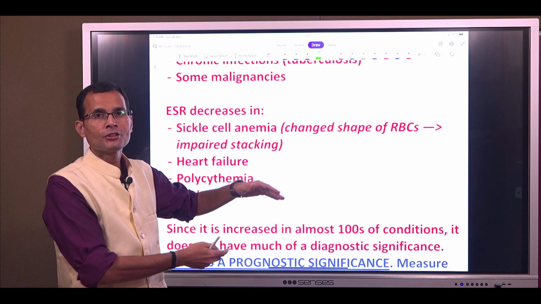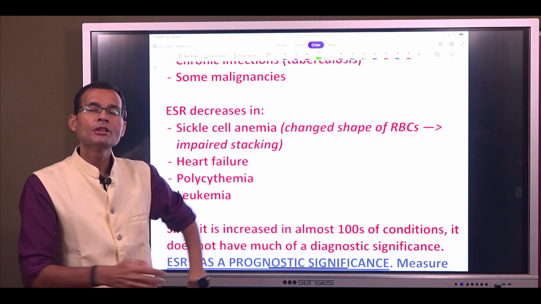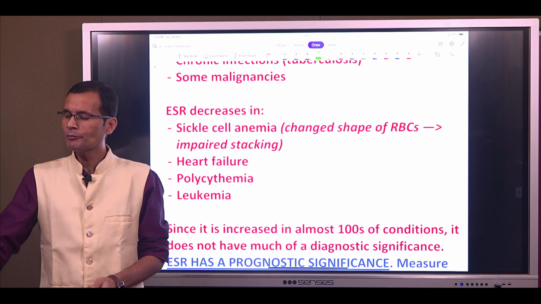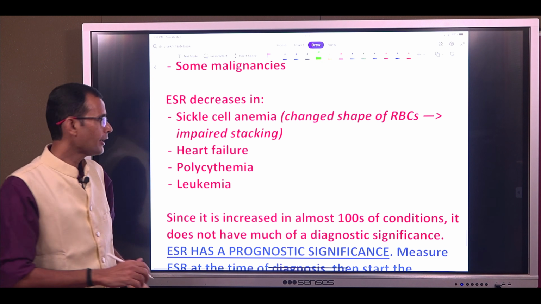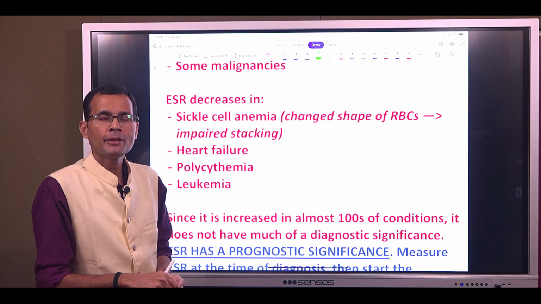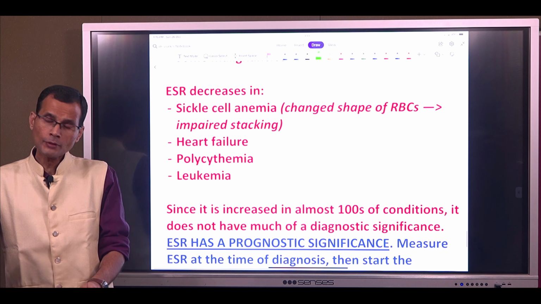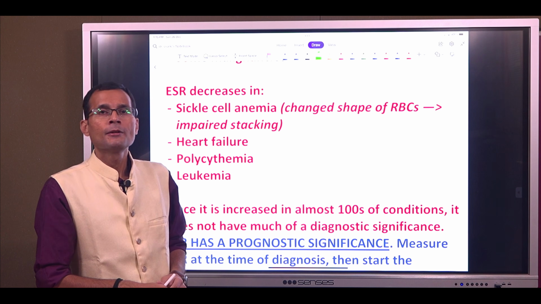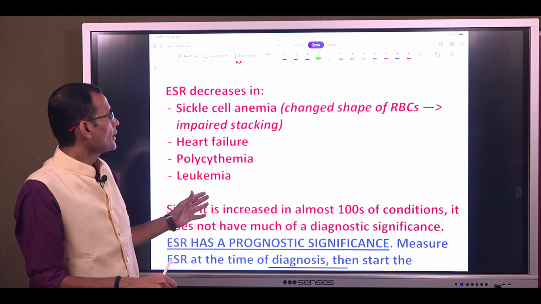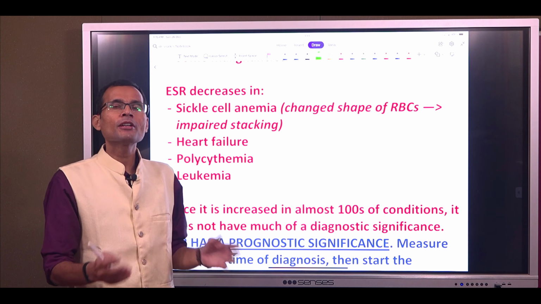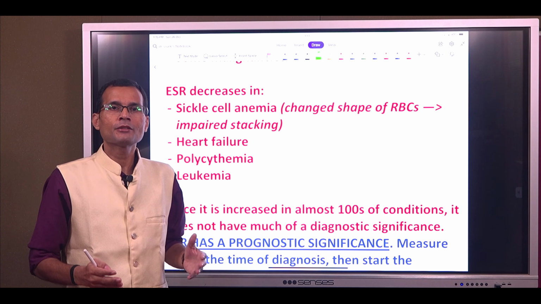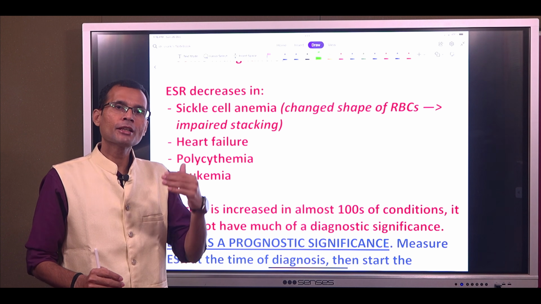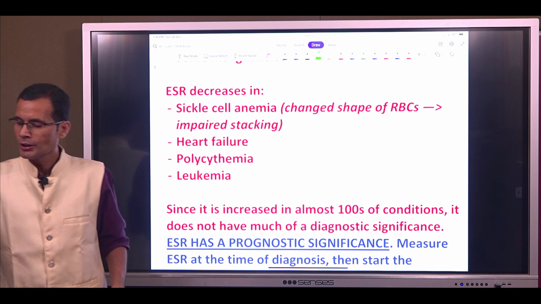The rouleau formation gets impaired, and therefore the ESR decreases. Heart failure, polycythemia, which I already mentioned, leukemia when the WBCs have increased. In all such conditions, ESR decreases. However, that's not of much significance. We will be more interested in looking at an increase in the ESR.